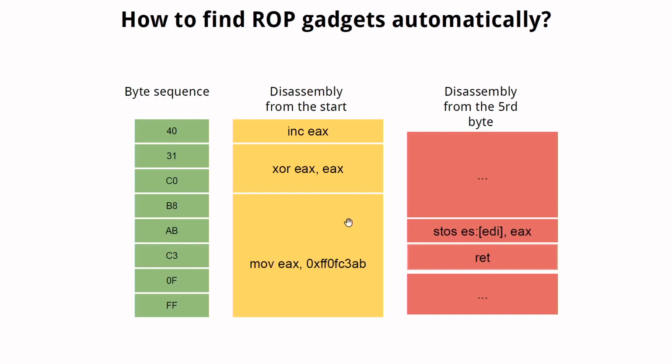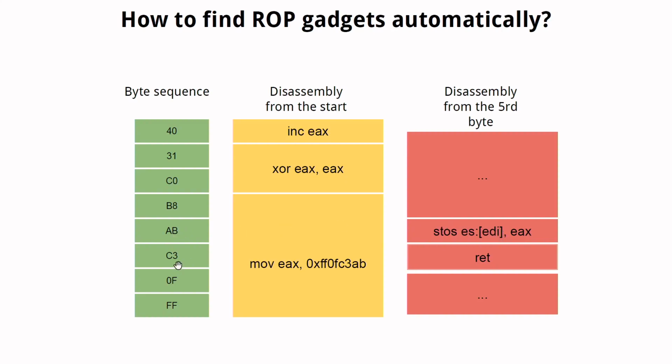So if the CPU interprets this piece of bytes not from the beginning, let's say we interpret this from the 5th byte, then the 5th byte, that hex AB, will be interpreted as a store instruction.